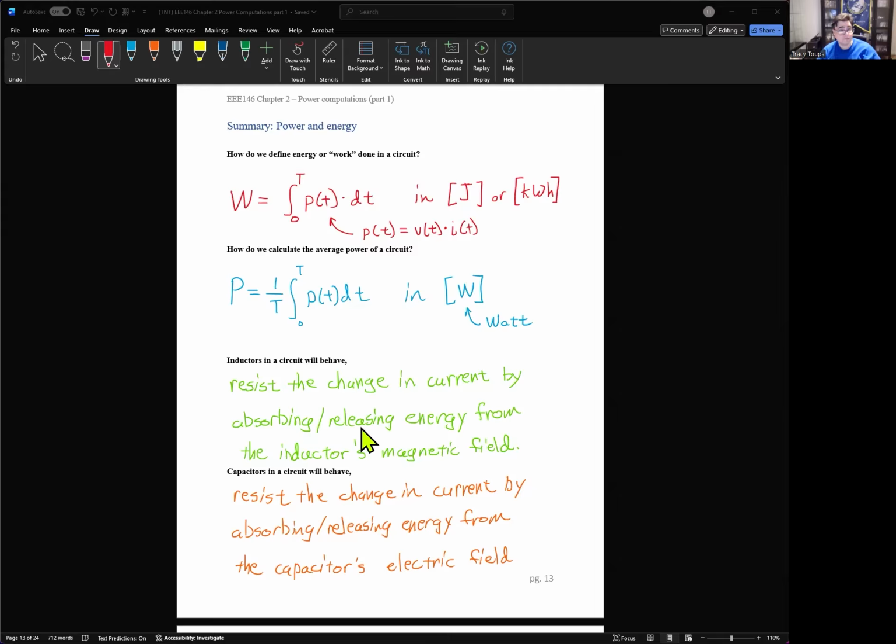The capacitor will behave in the circuit by resisting the change in voltage, by absorbing and releasing energy from the capacitor's electric field.